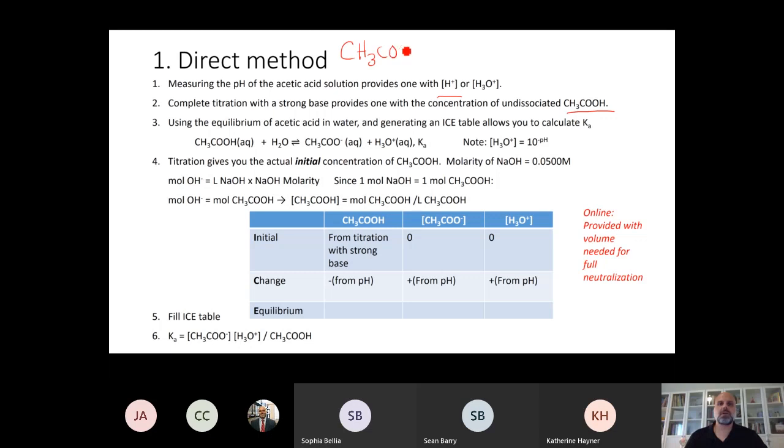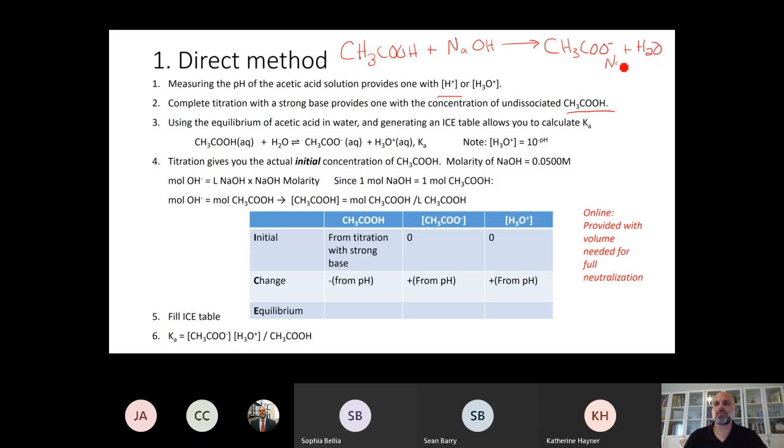So what this means here is, we have acetic acid and we have an unknown concentration. Well, we're going to react this with a strong base, in this case sodium hydroxide, right? And this is going to react in an irreversible process. It's not reversible. We're going to form CH3COO minus plus water.